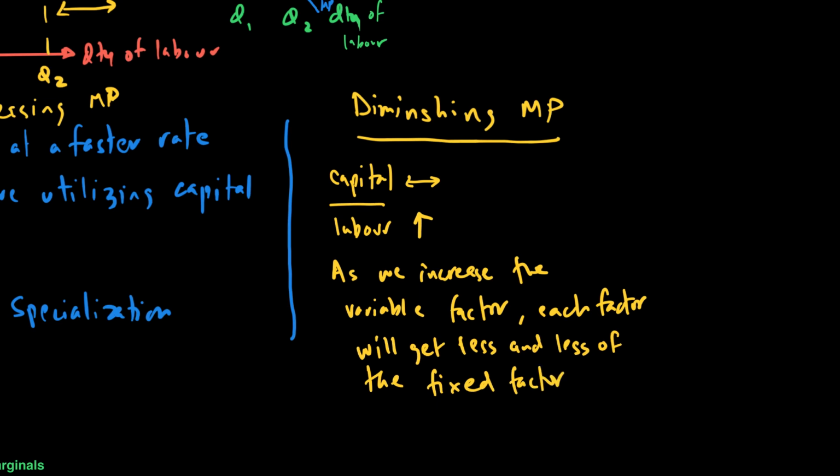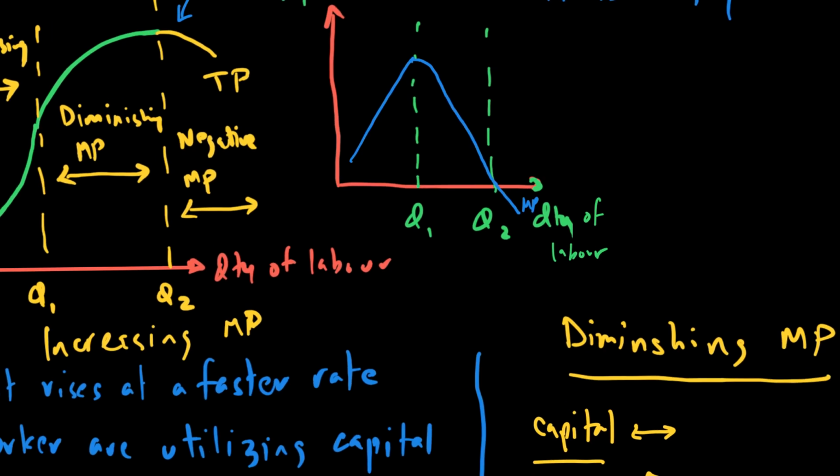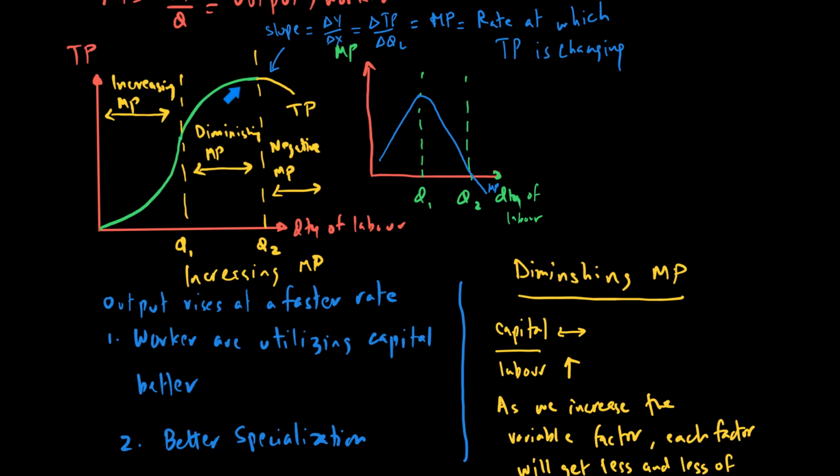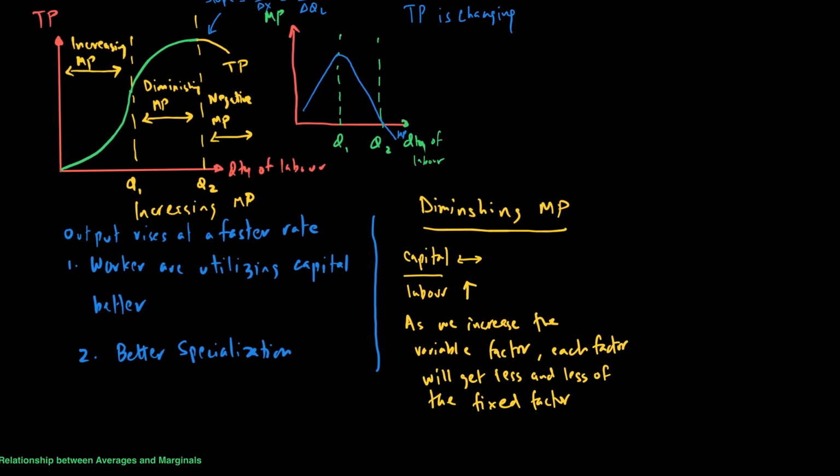And that's basically where we'll see that there comes a point where the productivity of that variable factor may not be as high as the one before it. So diminishing MP starts to set in, or total product or total output starts to rise slowly, because the variable factor will start to get less and less of the fixed factor.